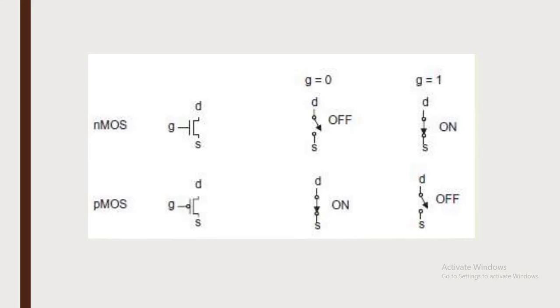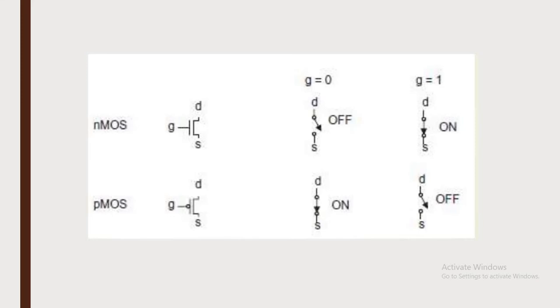Now, first of all, what is the basic difference between NMOS and PMOS? As we know, NMOS and PMOS are three terminal devices having gate, drain and source. Whenever we apply the input to the gate, then according to the characteristics of NMOS or PMOS, the drain and source will be short circuited or open circuited.